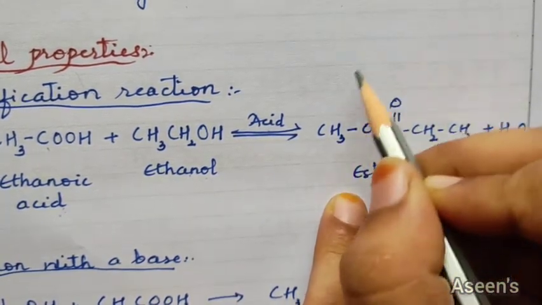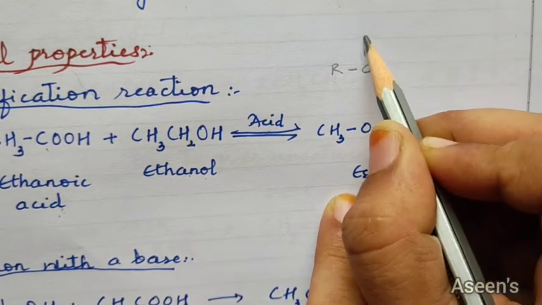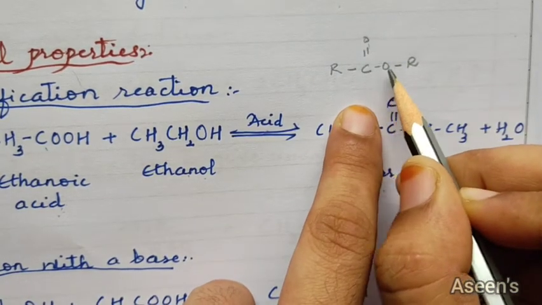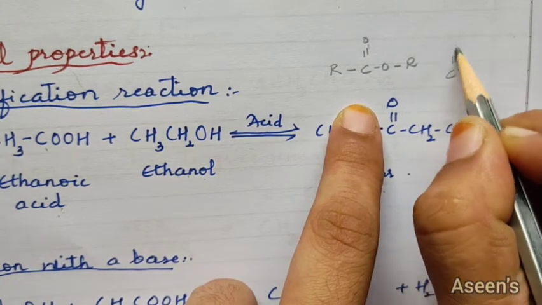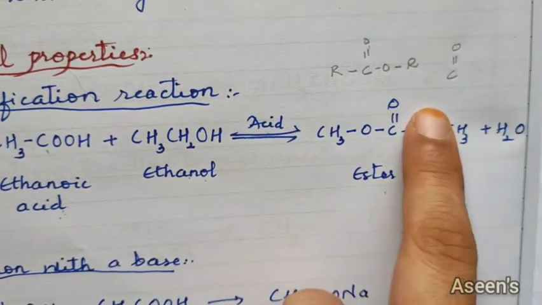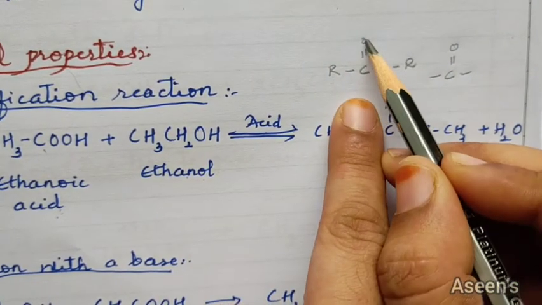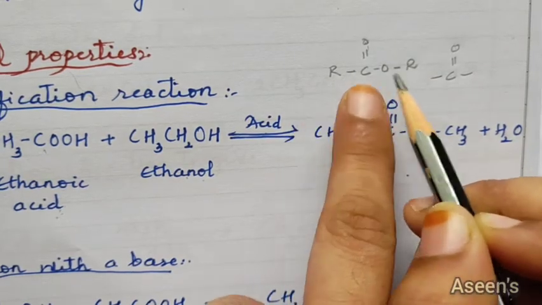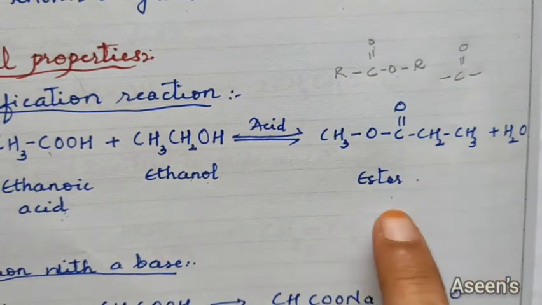An ester is something where you have a C double bond O and an O in the center. In case of a ketone, you had just C double bond O in the center, the rest all were on the sides. In this case, you will have a double bond O along with an extra O at the side. Either this or this, anywhere one O has to be present. So if this is present in the center, then we call this an ester.